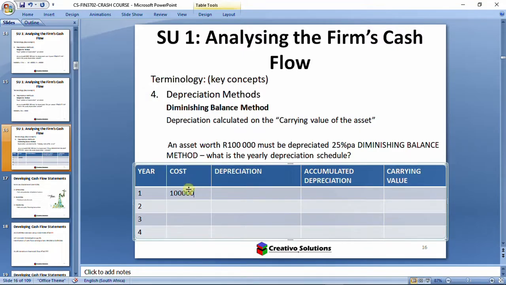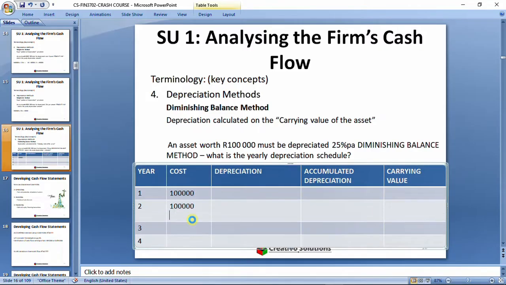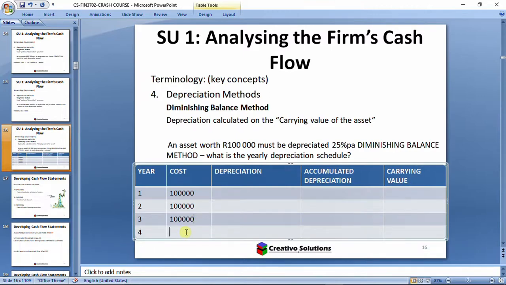Will the cost change? No, the cost never changes. Can you change the cost price of an asset that you had purchased previously? No, we can't go back in time and undo the transaction and then redo the transaction. It's not allowed.